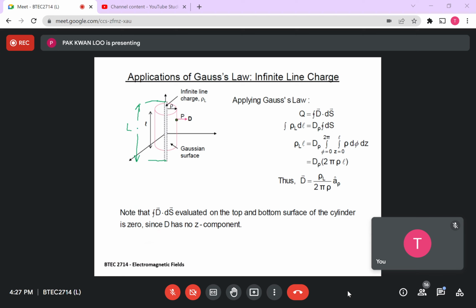Even though the charge distribution is uniform along the line, Gauss's law fails. And why, you will ask?